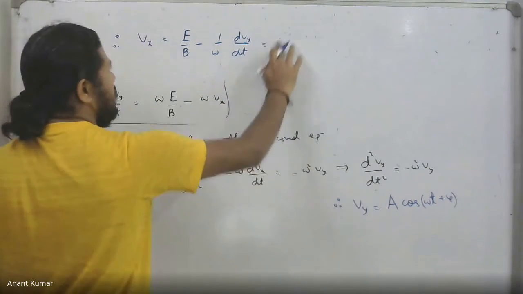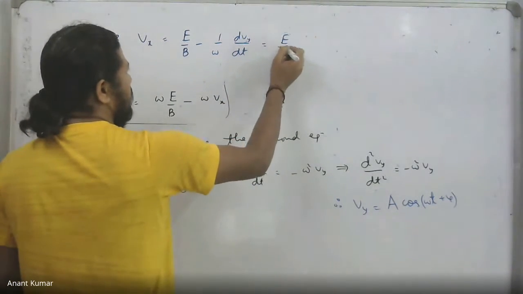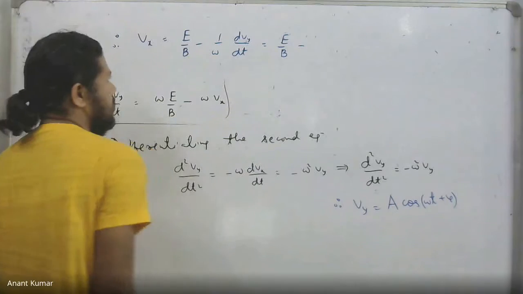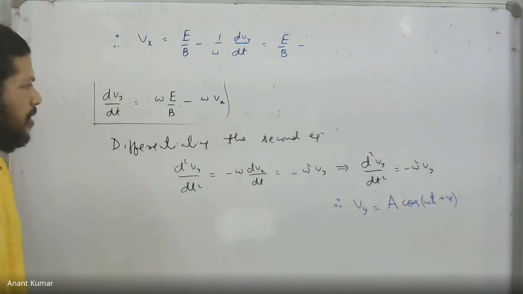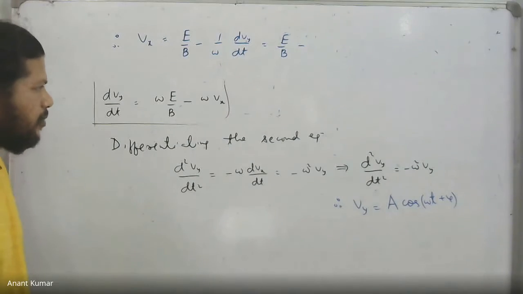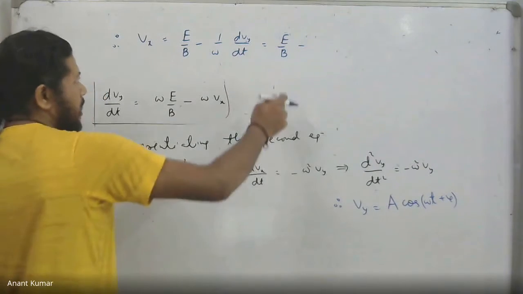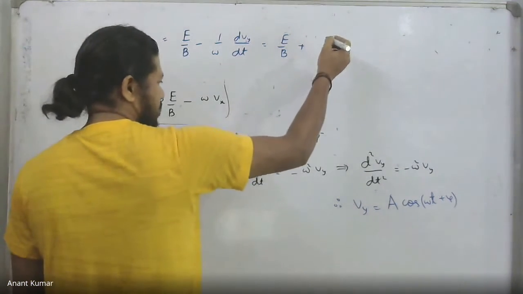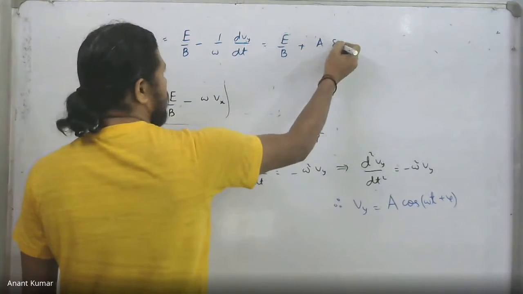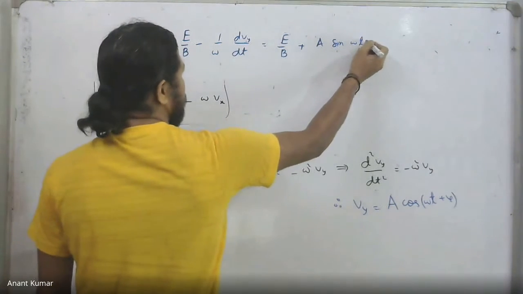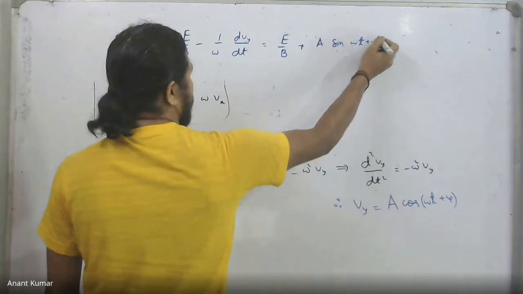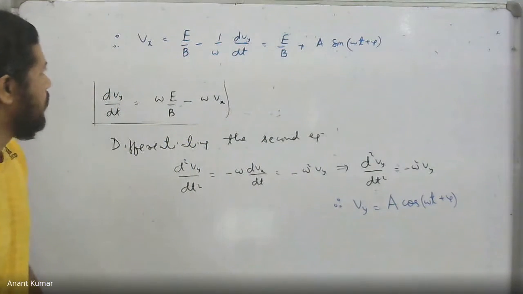That gives us E by B minus, to differentiate dVy upon dt, I get A sine omega t plus phi with a minus sign, and omega is coming up as well, so it will cancel out. So we get E by B plus A into sine omega t plus phi. These are what we have got, Vx and Vy.